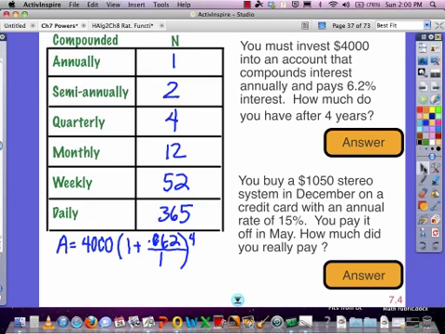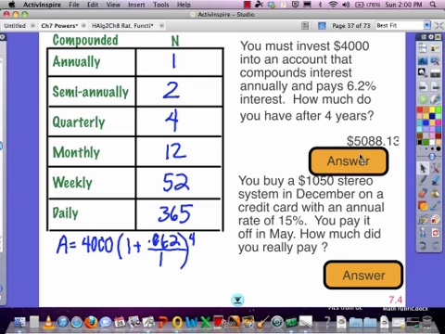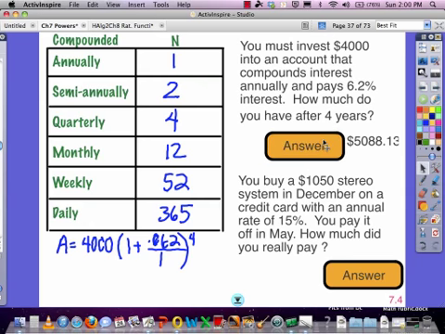If you do, then you should have gotten an answer of $5,088.13. So you can see that our 4,000 originally grew about $1,088 over the course of 4 years. And that's with a 6.2%, which currently is better than you're getting at any bank.